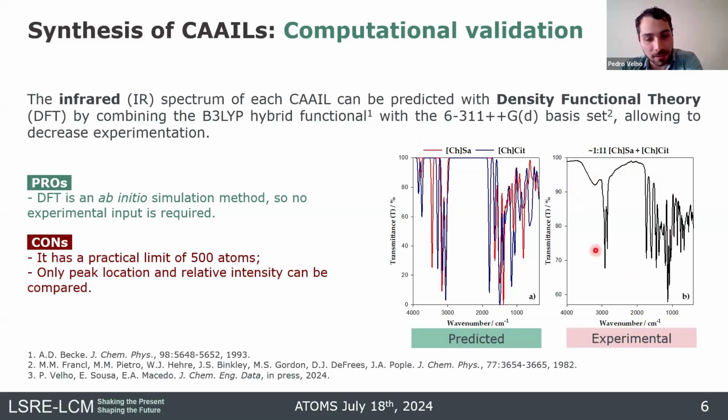And here you can see the experimental Fourier transform infrared spectra. And as you can see, this is a binary mixture 1 to 1. And you can see that the experimental spectrum is pretty much a weighted average of the spectra in pure state.